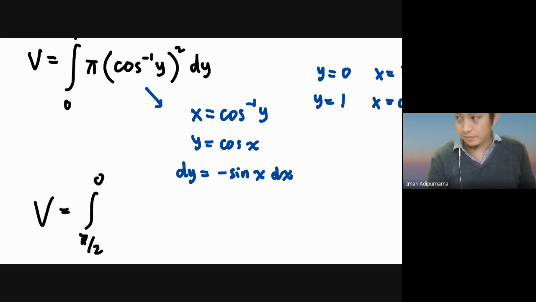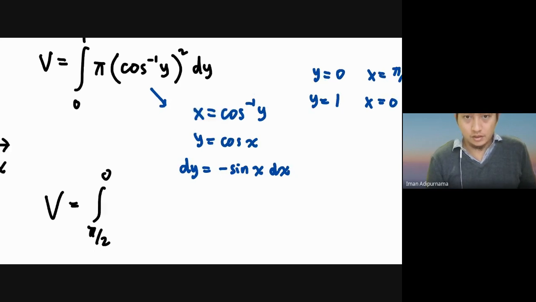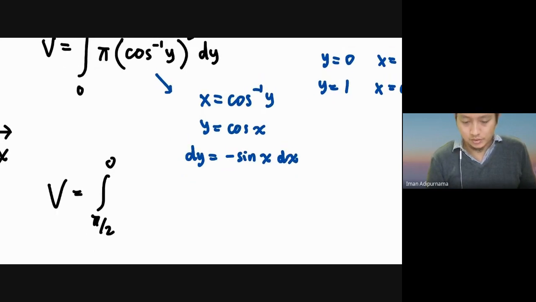Okay. And we have cos inverse y, we can exchange all this. So pi x, and then we have dy is minus sine x dx. So let me write here sine x dx like that.